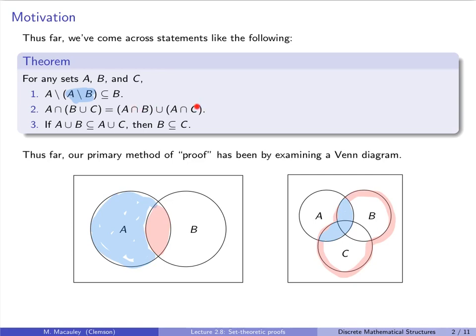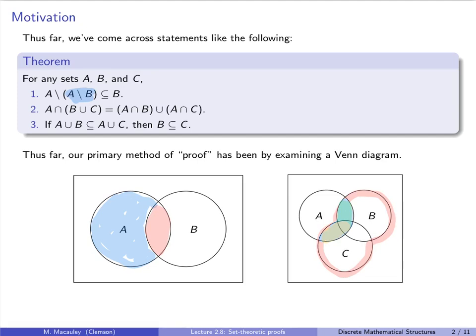And then the right-hand side is A intersect B union A intersect C. So A intersect B is that green area, and A intersect C is this yellow area. And so those are the same. Again, not quite a formal, rigorous proof, but it's hopefully a convincing argument.